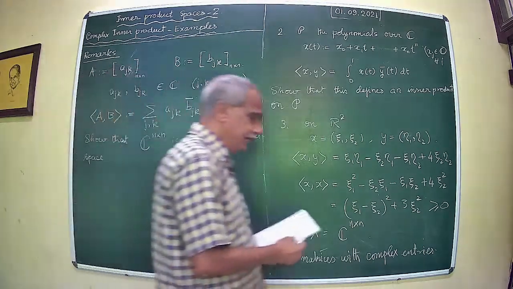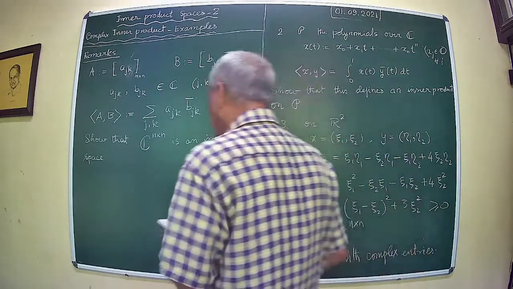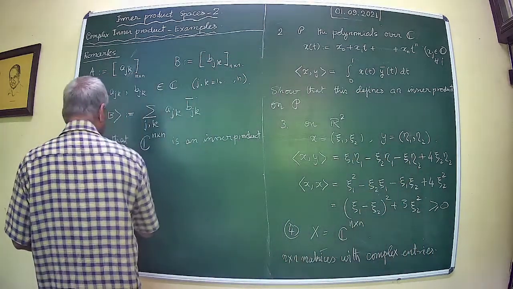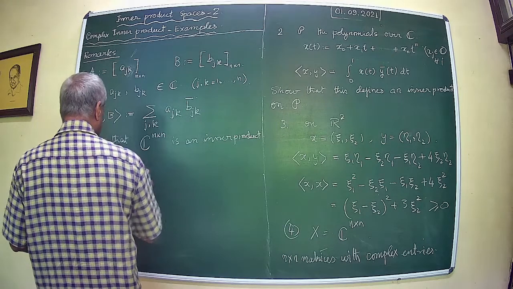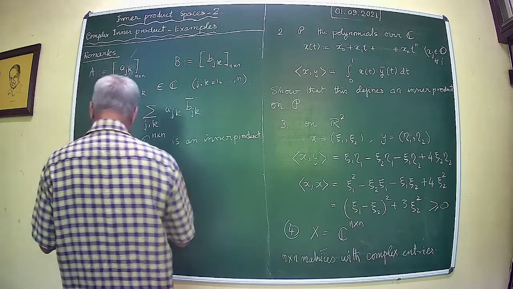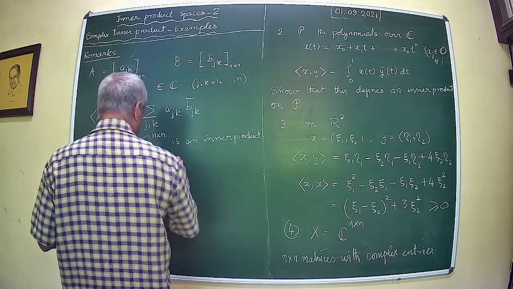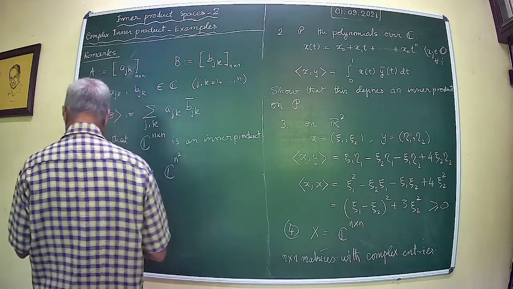you can verify. Meanwhile, you also observe the following, that this space is in fact isomorphic to C^(n squared).